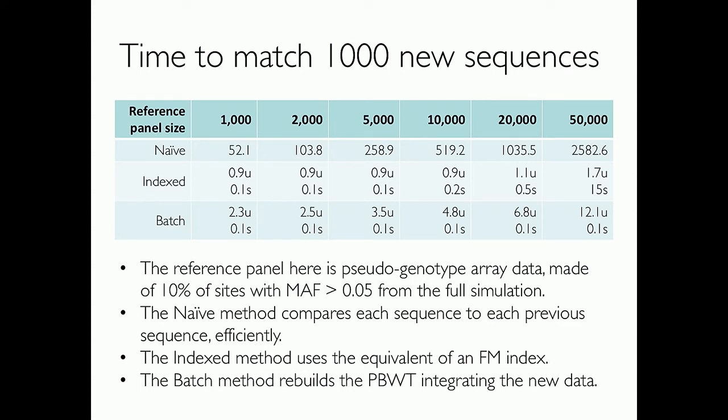So that's compression. We can also match very fast. So if you do naive matching, which is not totally naive, using some sort of extend process, then you have linear performance. This is going from 1,000 to 50,000, and this is 50 times as much time as this. So these are in seconds, I think, to match 1,000 new chromosomal sequences.